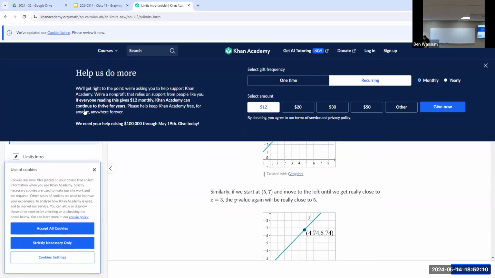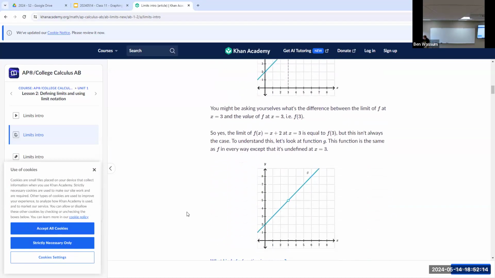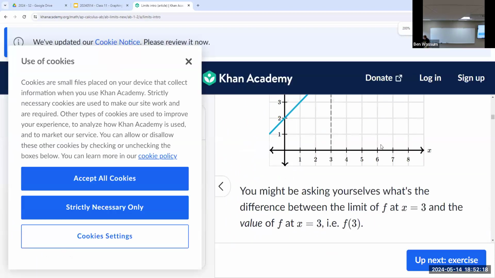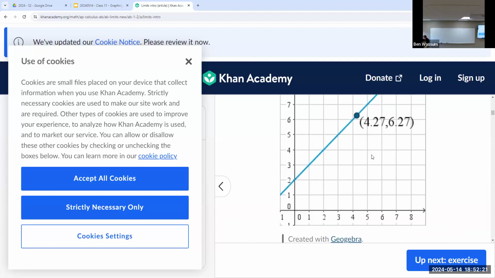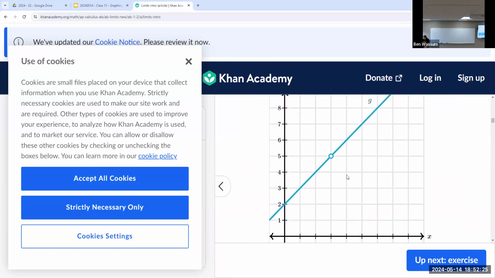All right. So the idea of a limit is that if you have a graph with, say, a hole right there, then you don't have a value there. But since the graph is approaching what would be there from both sides, the limit there is 5.